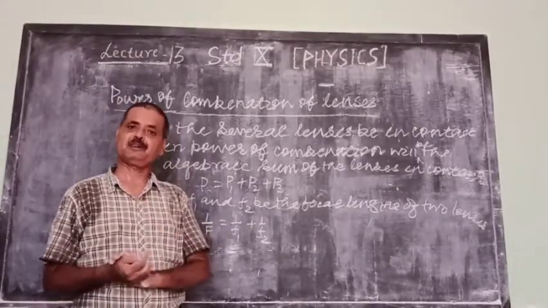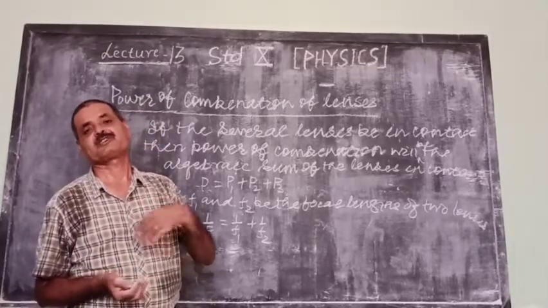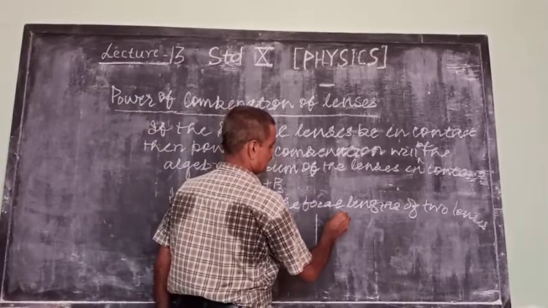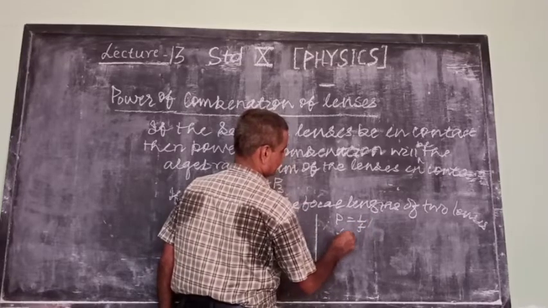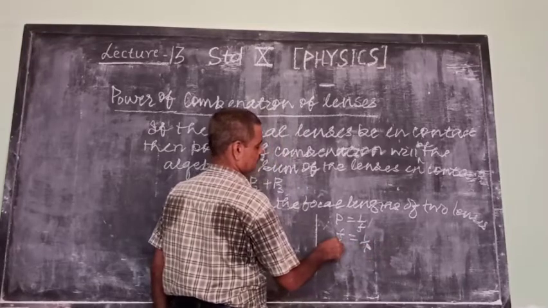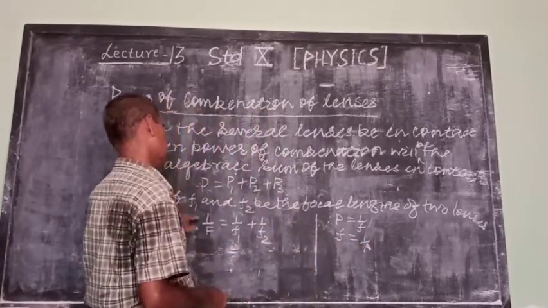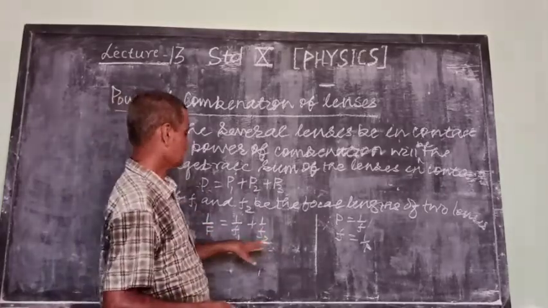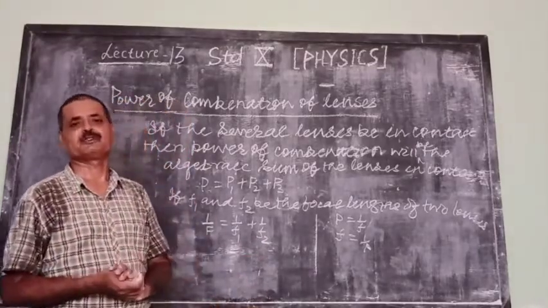If the power be given, then the focal length can be calculated, because it is just the reciprocal, since P is equal to 1 by F. So F can be written as 1 by P. We can easily calculate this, the power of combination of lenses.